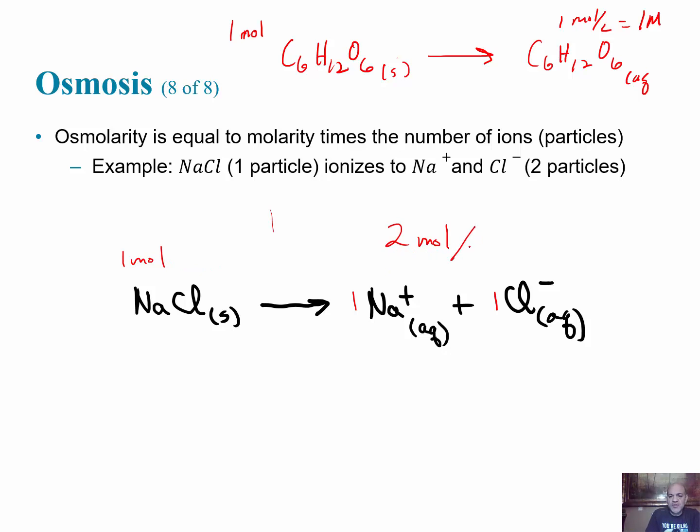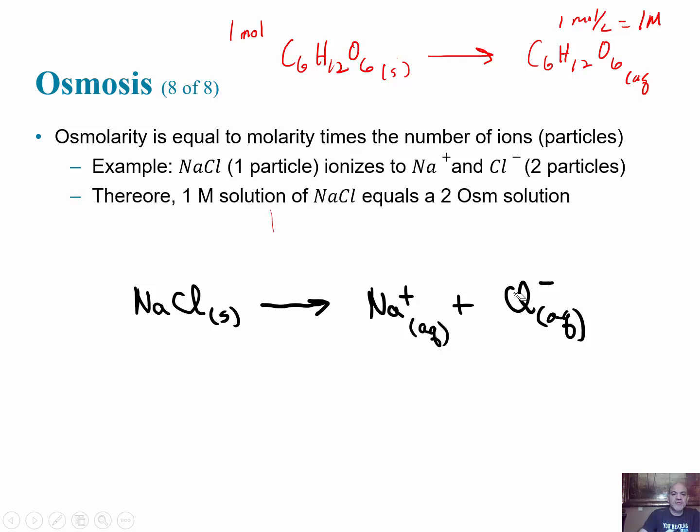Dissolved in 1 liter, that's going to give us 2 moles per liter, so now we're talking about 2 osmoles here. So that's a difference when we're talking about ionic particles. A 1 molar solution of sodium chloride equals 2 osmoles.